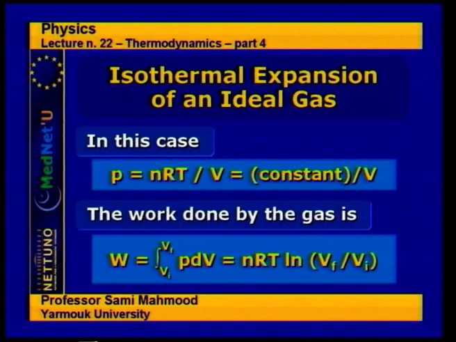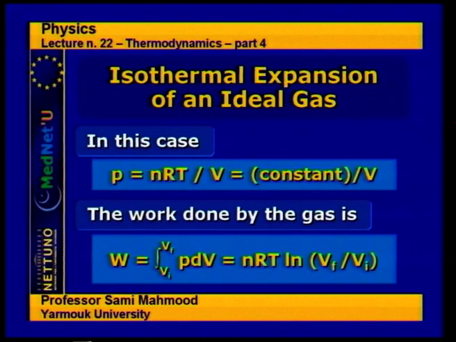And now the work done by the system as it expands isothermally is, as usual, defined as W equals the integral from V initial to V final of P dV.